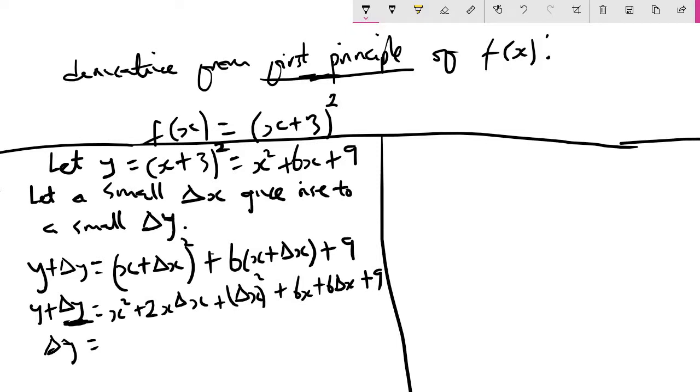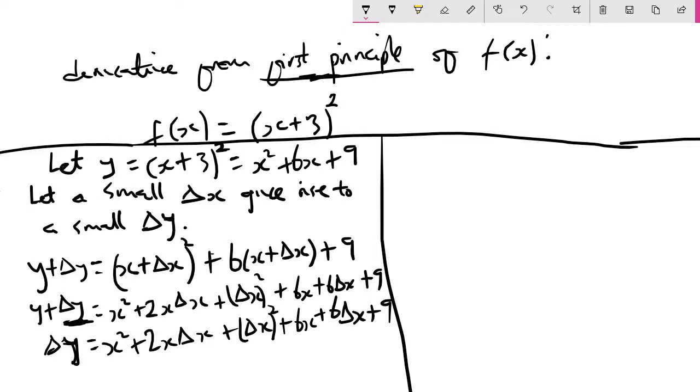So change in y is equal to this whole thing, and then we just bring y to the other side, is equal to x squared plus 2x change in x plus, this is becoming very long, and you should actually get used to this when you are doing calculus. The things get really ugly. Plus 6 change in x plus 9, and then minus y. Let me just write it better. Sorry about that, guys.